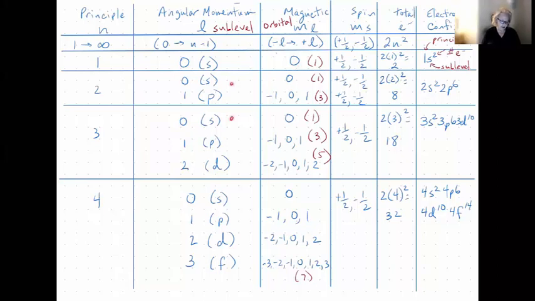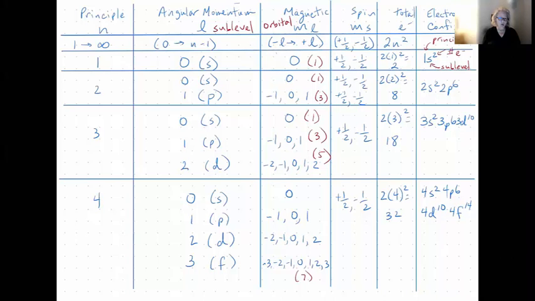And in any principal quantum number, in any energy level, you only have one S sublevel, which contains one S orbital. Notice that in the first quantum number, you don't have any P's. In that first energy level, you don't have any P's because L can only be 0. But when L is 1, starting at the second energy level, when n is 2, L can be 1.